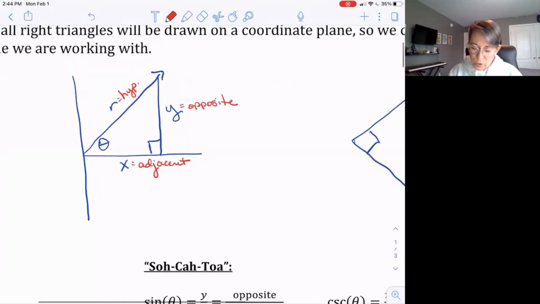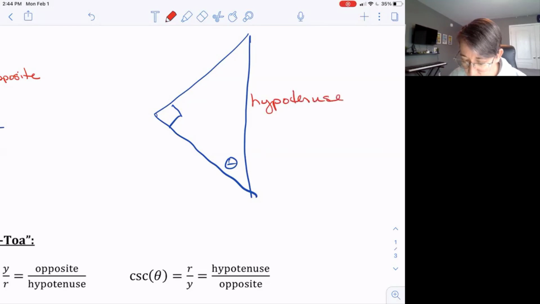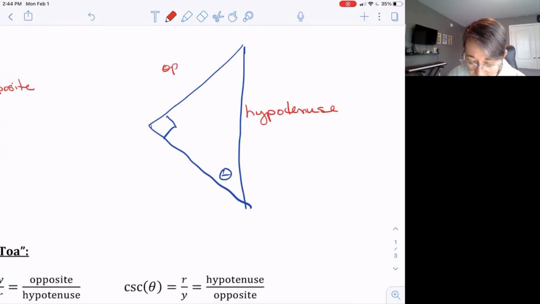So if we were to look at the theta on this triangle, then we would have the hypotenuse, which is the side across from the right angle. Then we have the side opposite theta, and we have the side adjacent to theta.